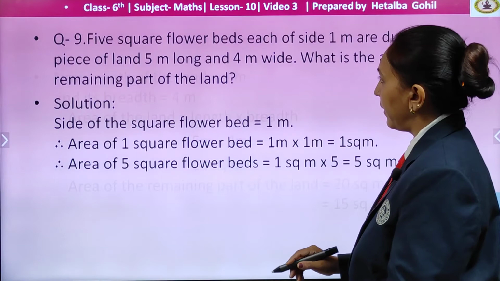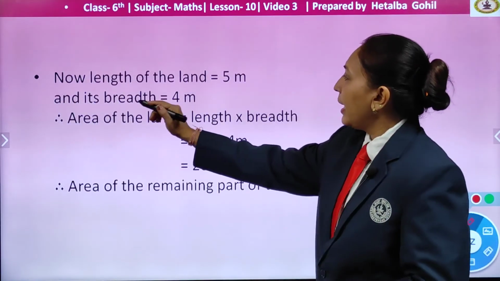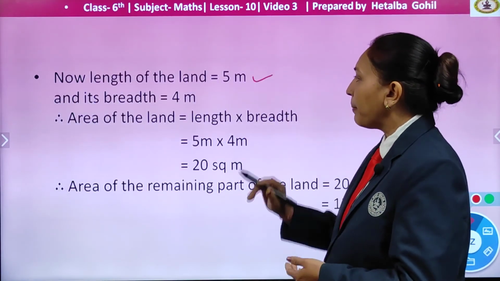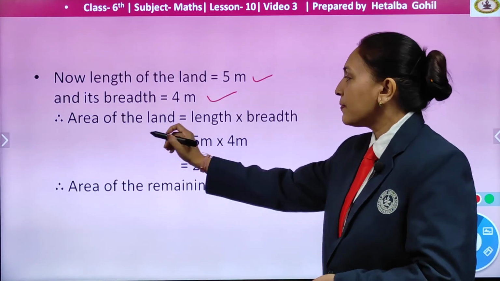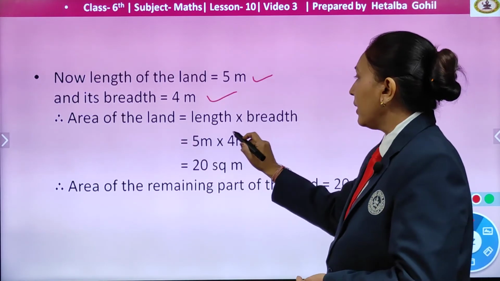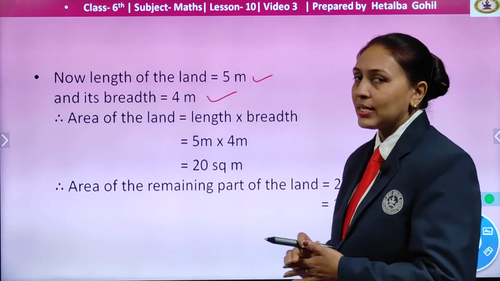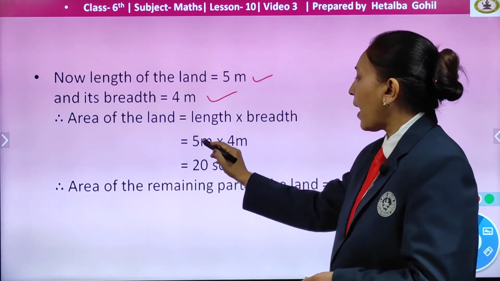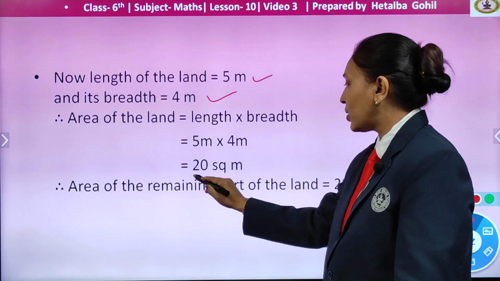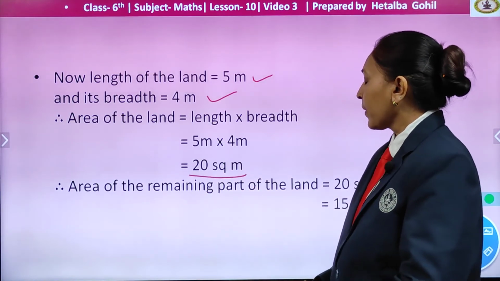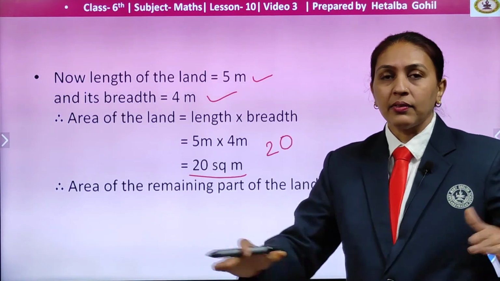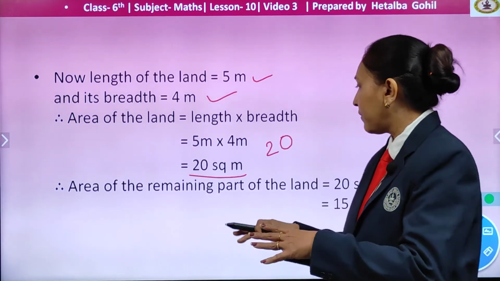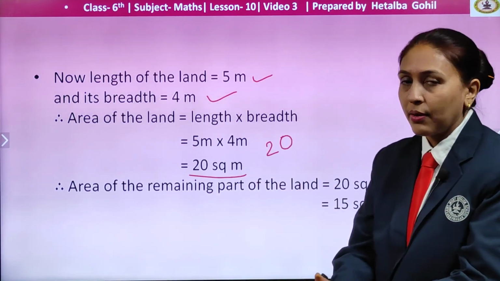Let us see what we have next. Now, the length of the land is given to us as 5 meter, and its breadth is 4 meter. So let us first find the area of the land, that is length into breadth, because it is a rectangular part, right? So 5 meter into 4 meter, you get 20 square meter. So 20 square meter is the area covered by the entire region where the flower beds have to be made.